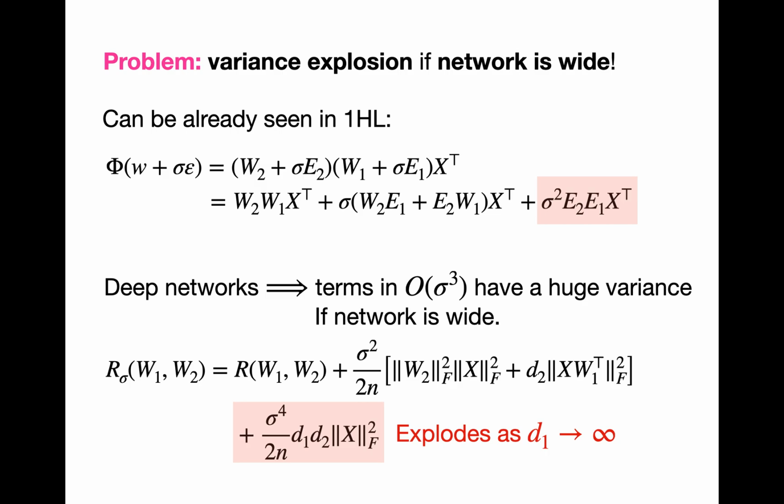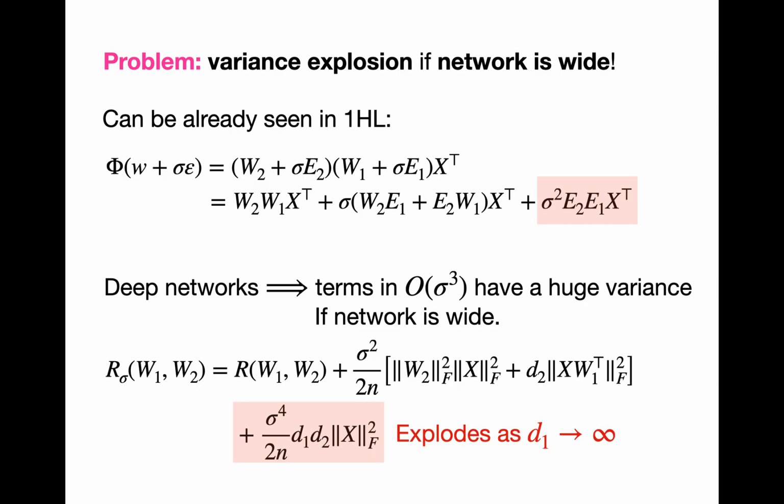So E2 times E1 is the noise in the first layer times the noise in the second layer. And this term is O of sigma squared, so it shouldn't be much of a problem, because when we take for example the squared loss into account, this term is O of sigma fourth power.